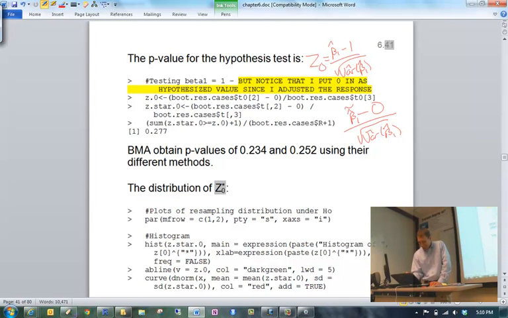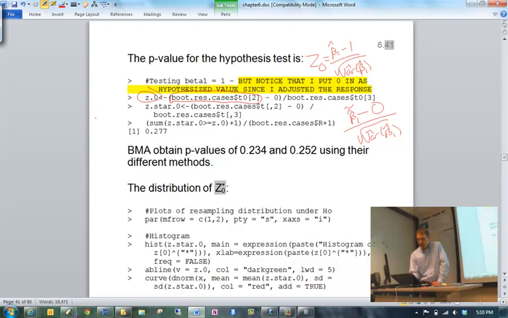so what I do is I actually pull out my beta hat 1 tilde, let's say, for my boot.res object, subtract off 0, divide by the corresponding standard error. That's my Z0 now.